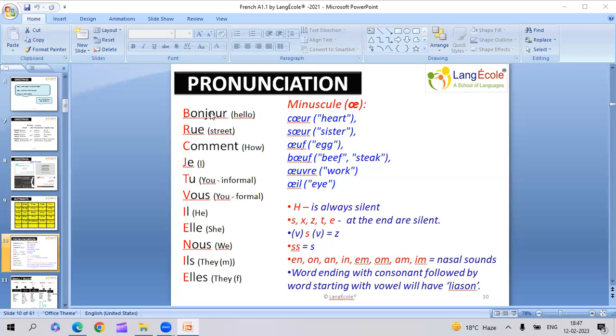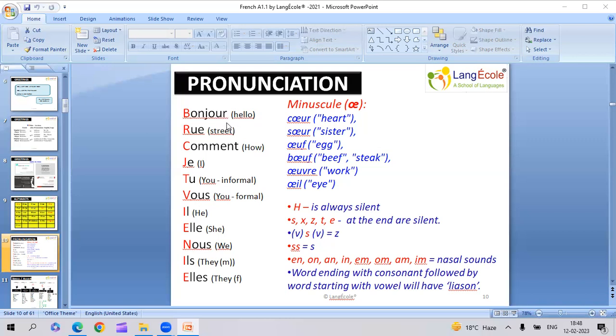As I'm teaching in English, I'm also telling you in English. So two different vowels are coming together in a couple of words, like here in bonjour, in nous, even in rue. What happens is the pronunciation of O and U together is ooh.